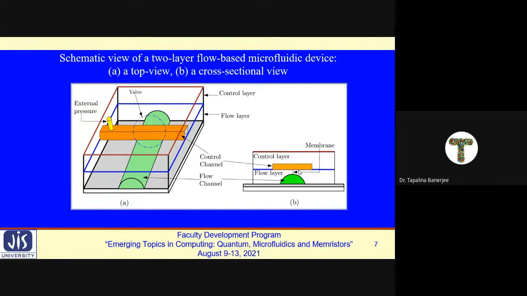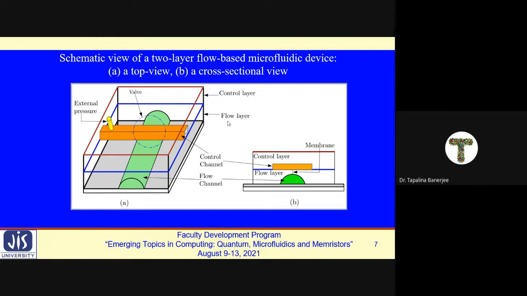In general, continuous flow microfluidic biochip is furnished with a number of pressure-driven microvalves. Those are responsible for controlling fluid flow through a network. Network of what? Network of microchannels. So CFMB devices consist of two separate layers. One is control layer and another is flow layer.